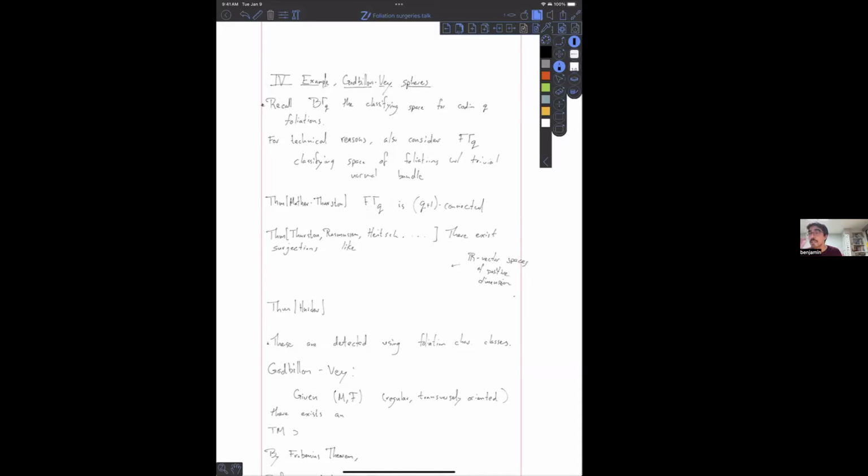So there exist surjections in the 2Q plus one homology with integer coefficients to some real vector space of positive dimension.